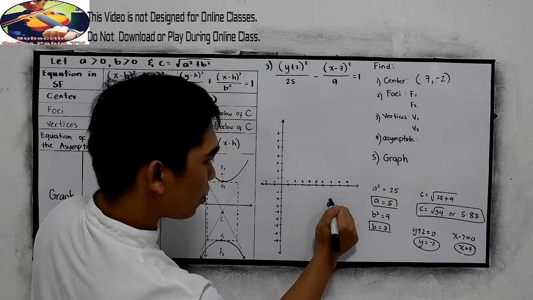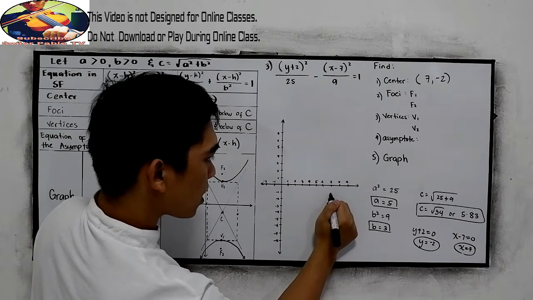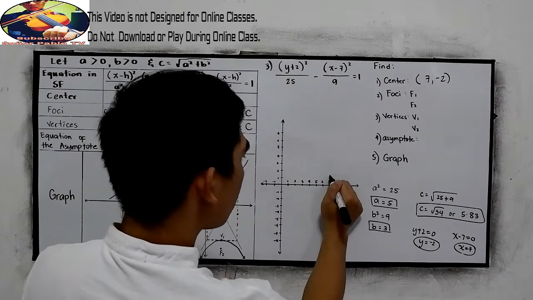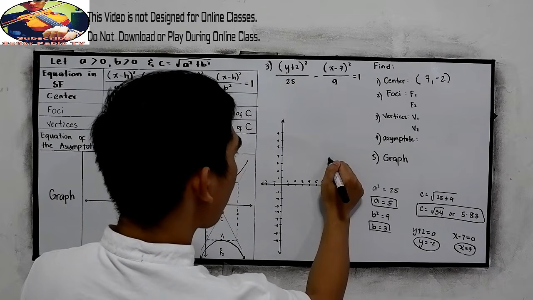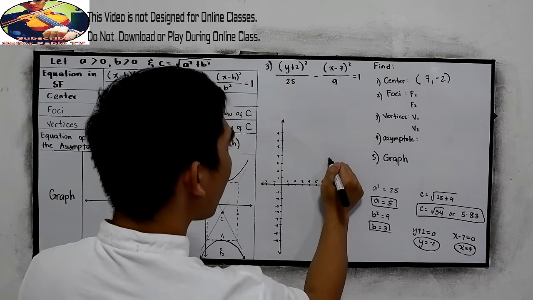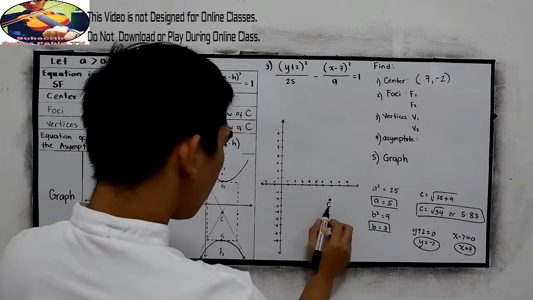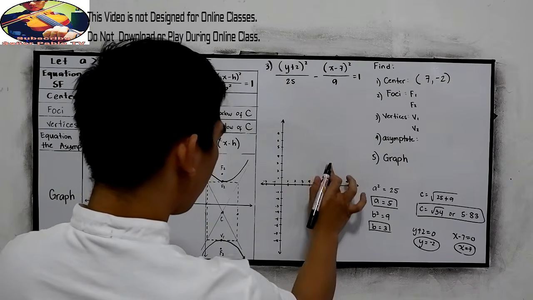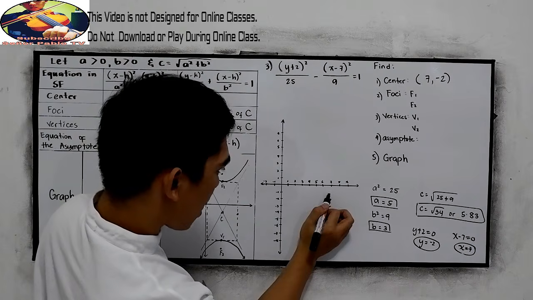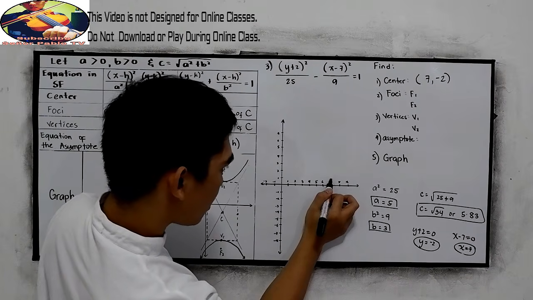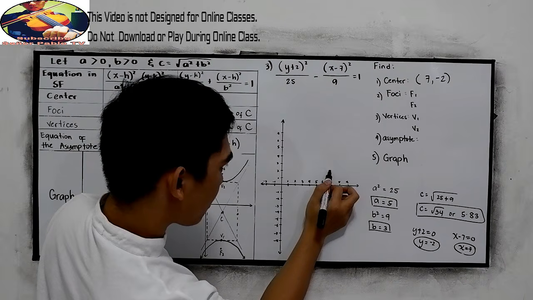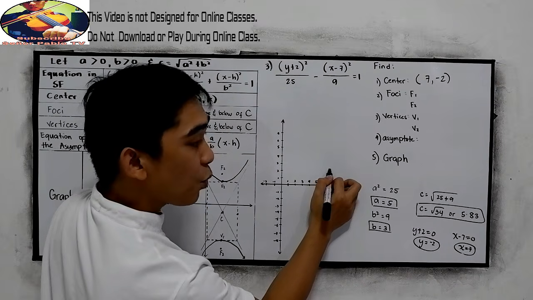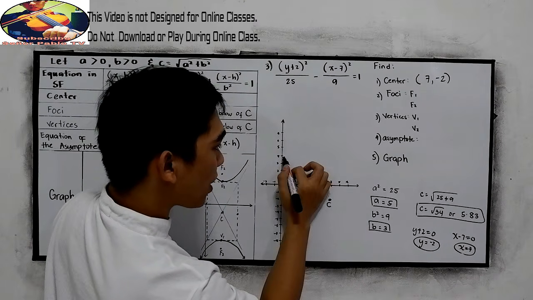So we count 1, 2, 3, 4, 5. In decimal, we have 0.83, so near 4.